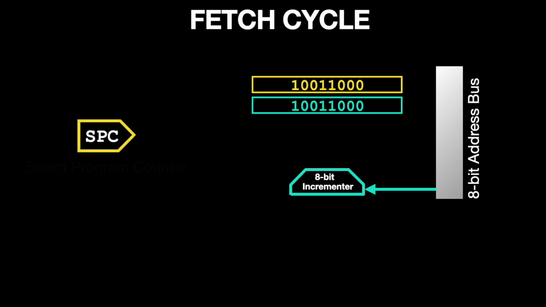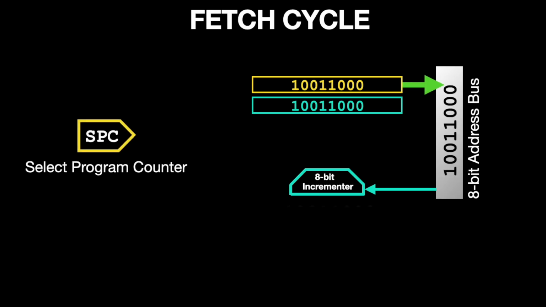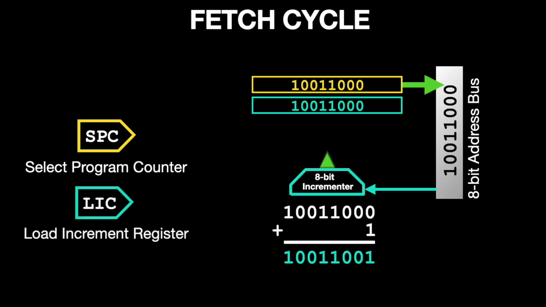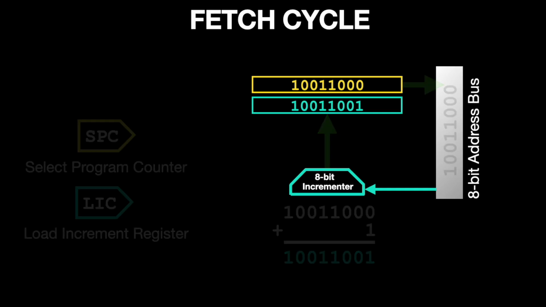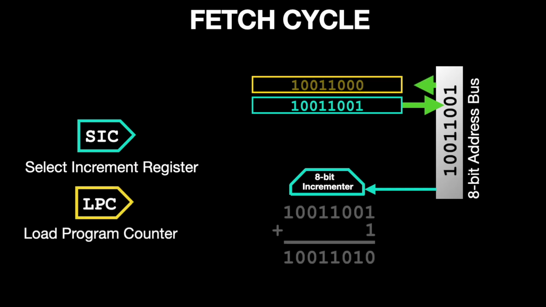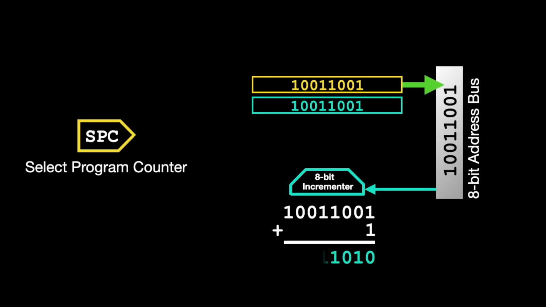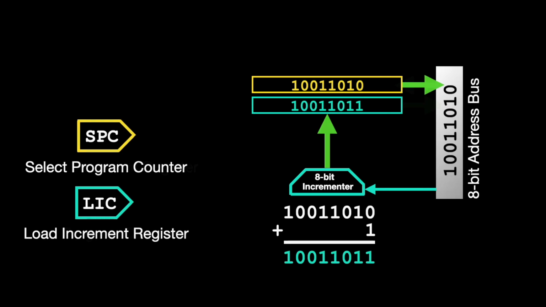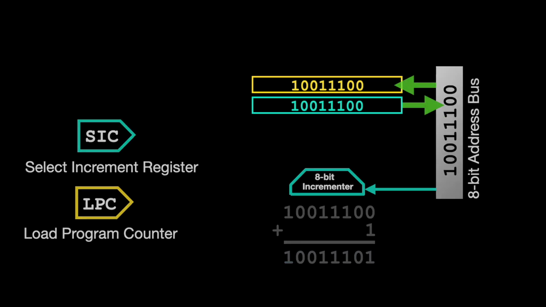And to do this, we select it to the address bus, where the incrementer will automatically advance that value by 1. We then load the increment register with that new incremented value. And finally, we select that value from the increment register to the address bus and pick it up on the program counter. And this process repeats over and over for every instruction that needs to be executed in our relay computer.